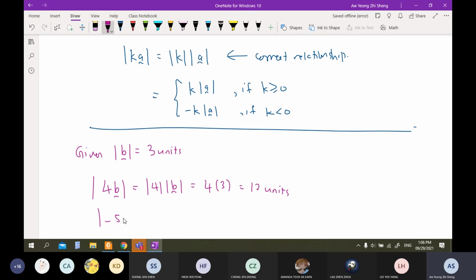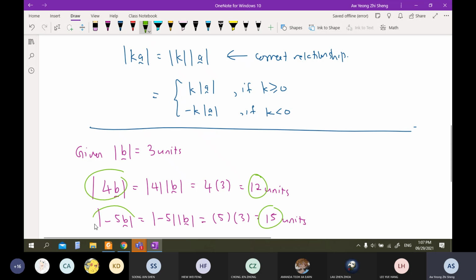And then the length of minus 5B will be modulus of minus 5 times the length of B. Modulus of minus 5 is actually just 5, and the length of B is 3, so you get 15 units. Also notice that you always have positive answers because lengths are always positive.